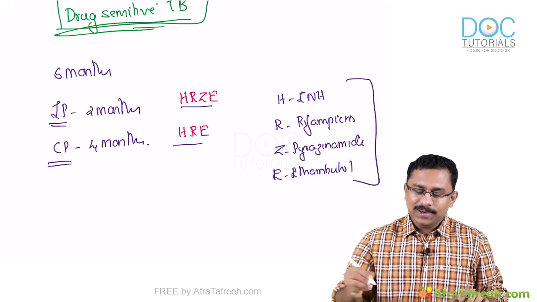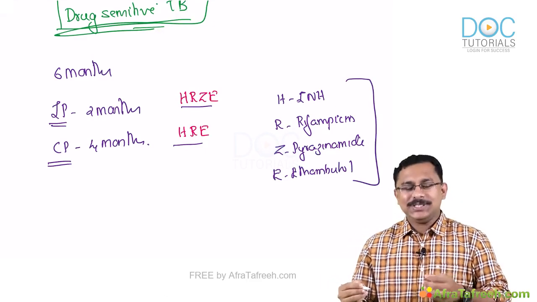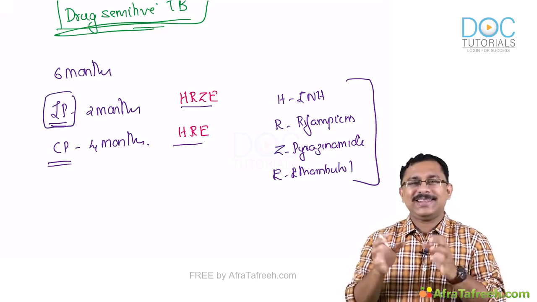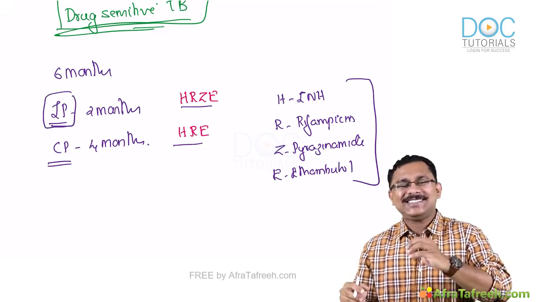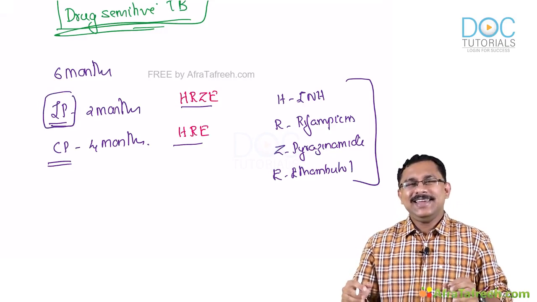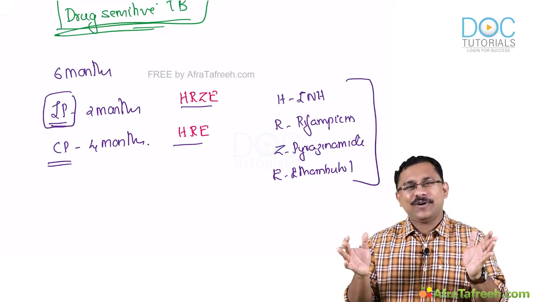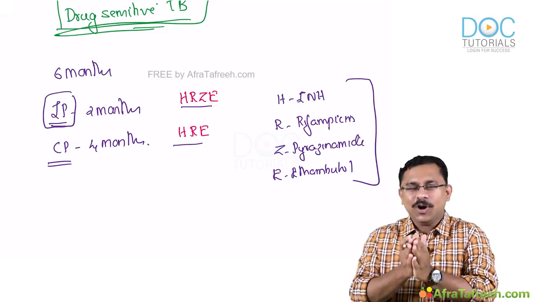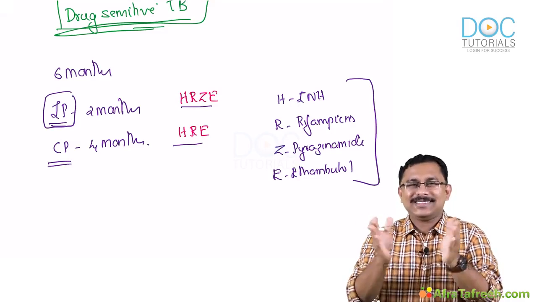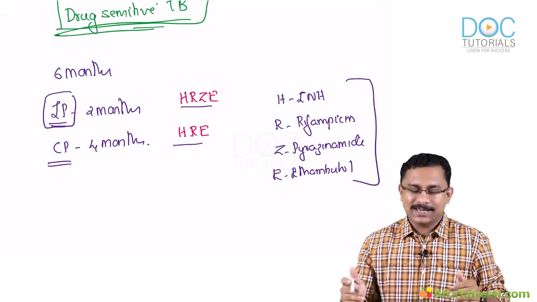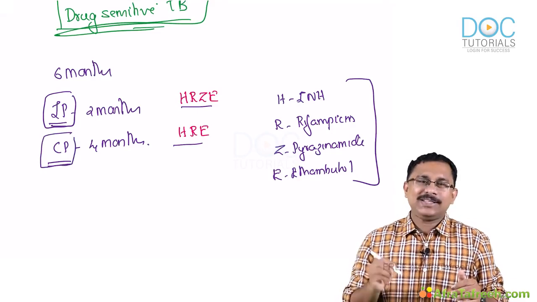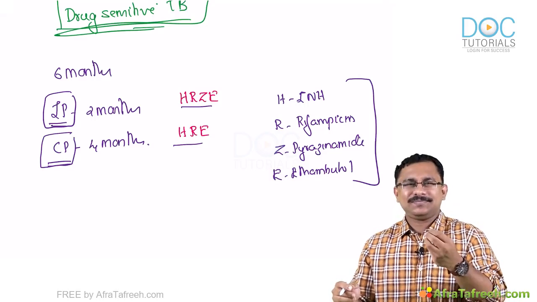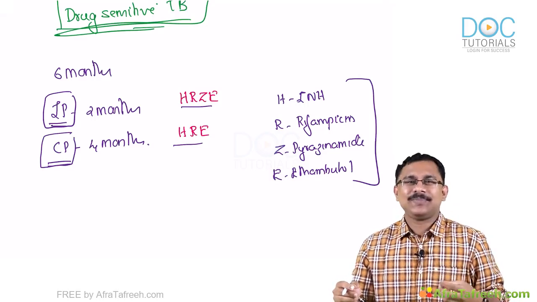So when you treat tuberculosis in a drug sensitive individual, initially you will go for an intensive phase. What does this intensive phase mean? Intensive phase is where you go for the kill. You go aggressively because you want to kill the bacteria. That is the purpose of your intensive phase. And the purpose of the continuation phase is that there may be some bacteria that persist.